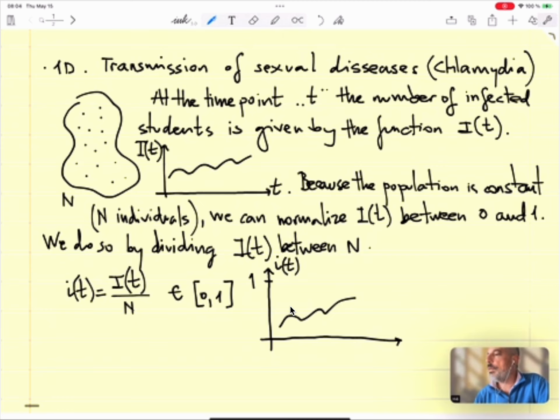So we haven't lost any generality, but now our function is bounded to 1. Okay?